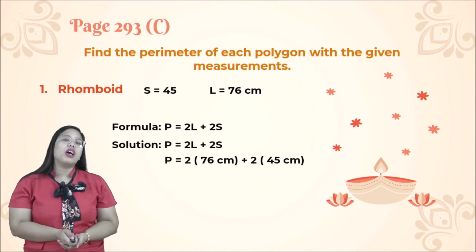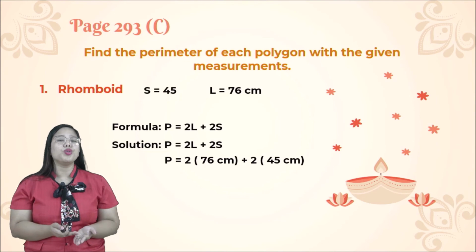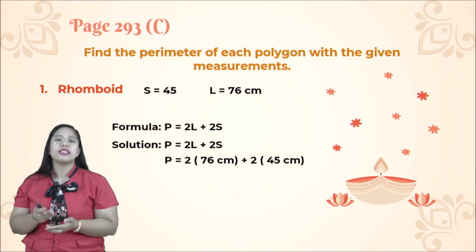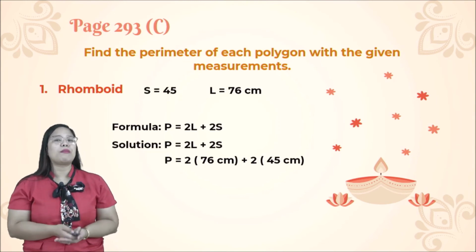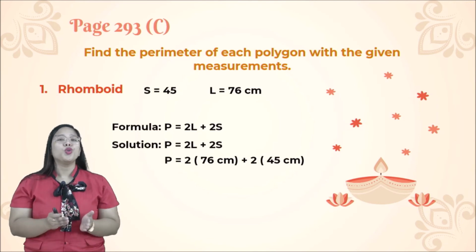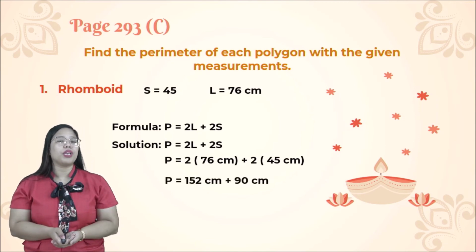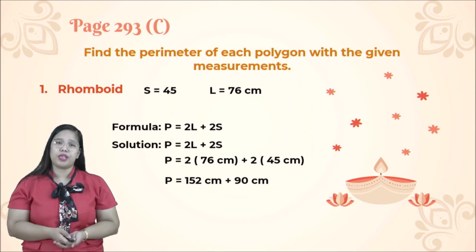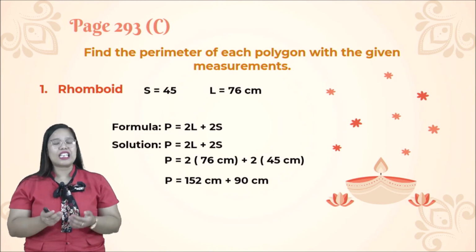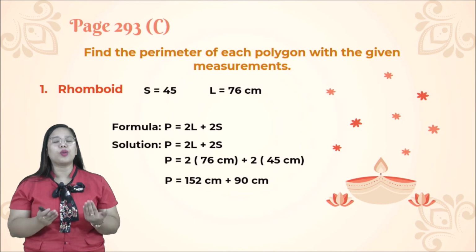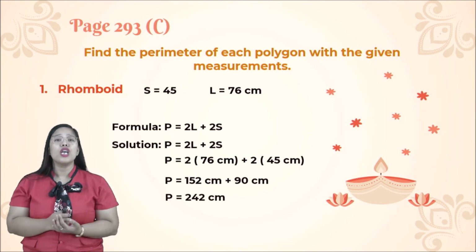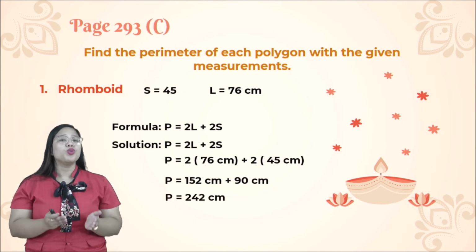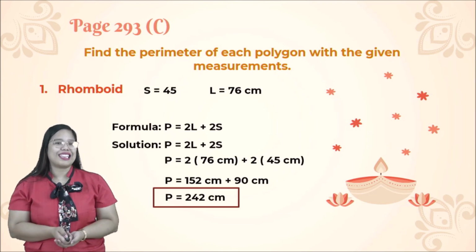So our solution will become 2 times 76 centimeters plus 2 times 45 centimeters. 2 times 76 centimeters will become 152 centimeters, and 2 times 45 centimeters will become 90 centimeters. So we will just add 152 and 90. So it will become 242 centimeters.